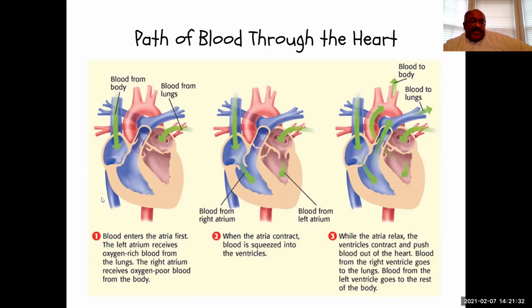If you notice, the walls on the lower half of the heart are way thicker than the walls on the upper half, and that's because these are the pump stations. The wall of the left ventricle is significantly thick because it has to pump blood through the aorta and all around the body.